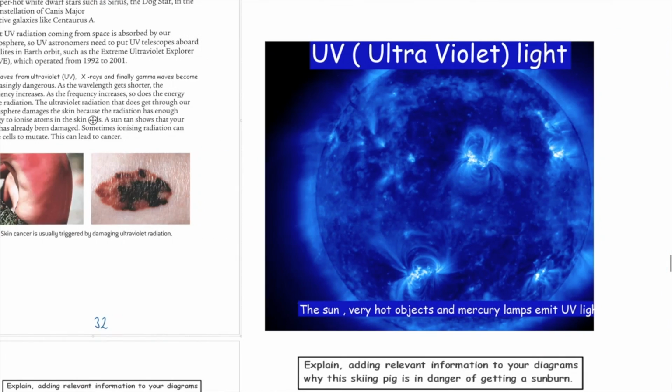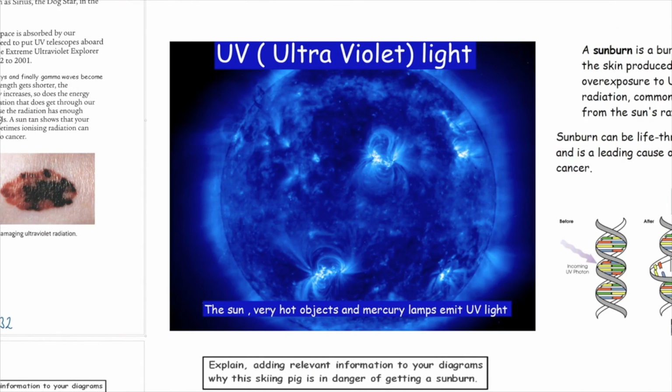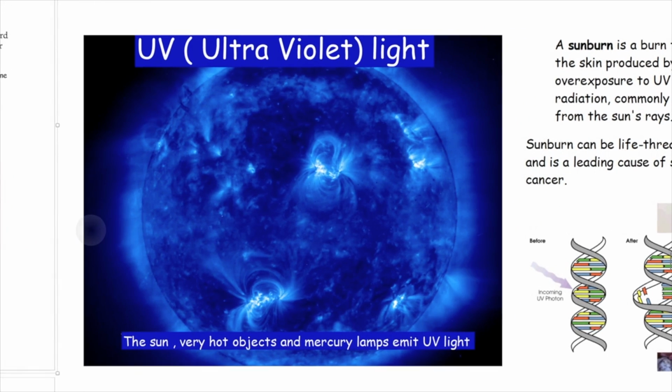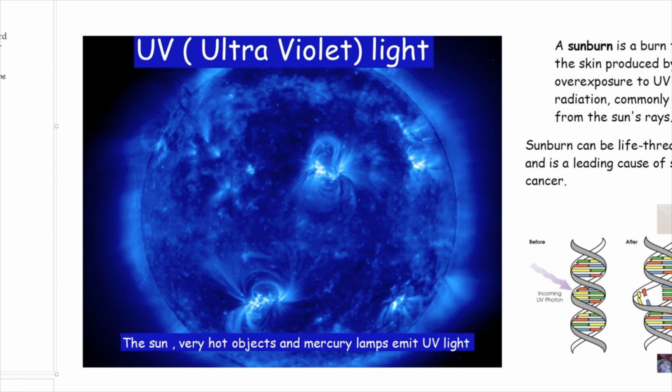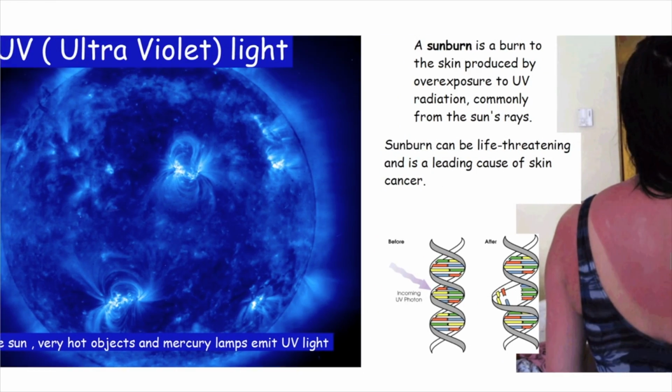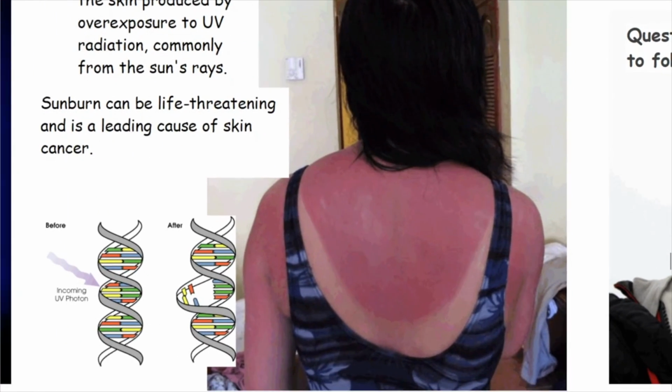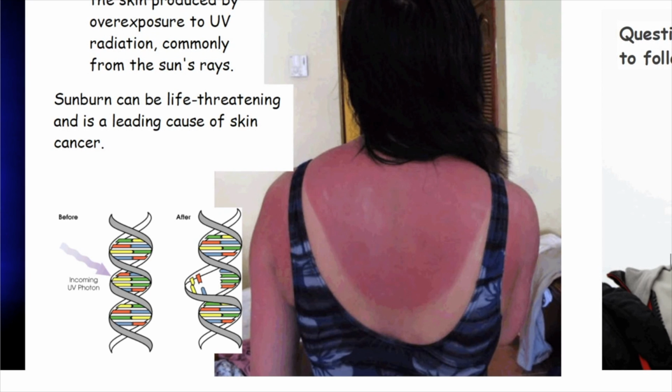So ultraviolet, again, as explained in the video, can be used to check for fraudulent banknotes, money. It comes from the sun, and sunburn can be an outcome of overexposure and can cause skin cancer.